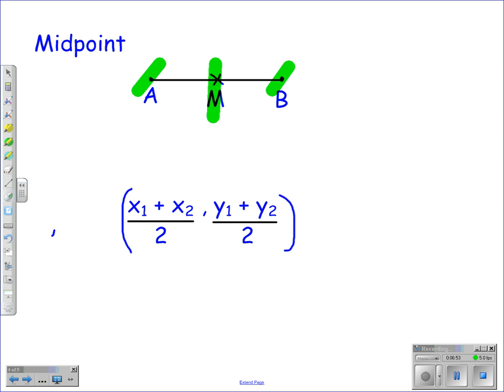We have M is equal to, again, we have two coordinates. This one, let's say, is x1, y1, and this one is x2, y2. We are going to add our x's together and divide that sum by 2. And our y's, we are going to add together and divide that sum by 2. The numbers we end up with is a coordinate pair, and that will be our midpoint coordinate pair.